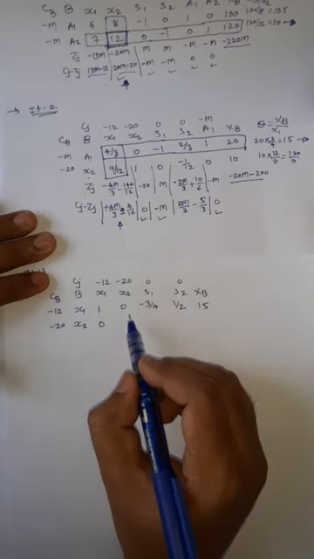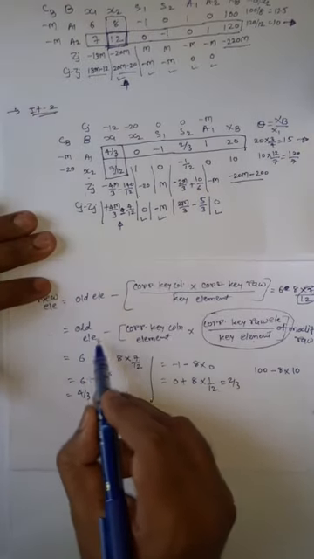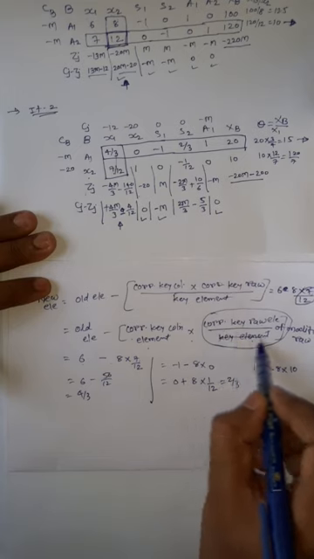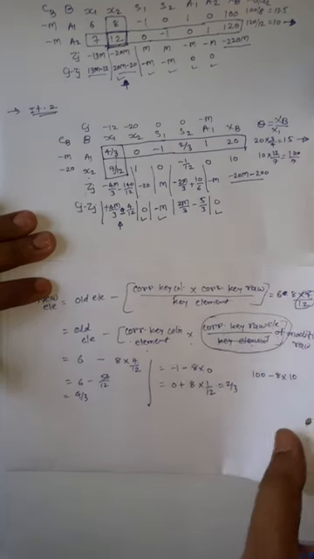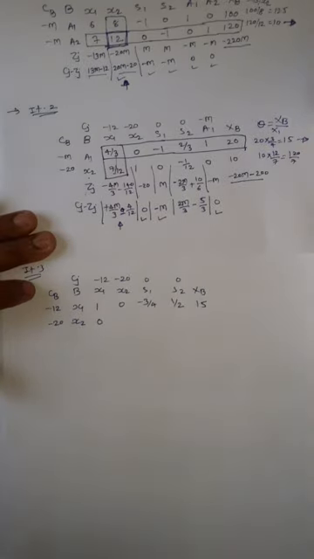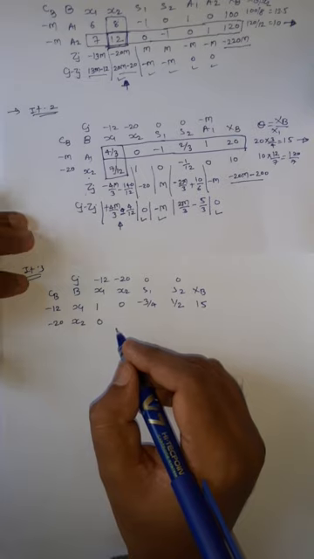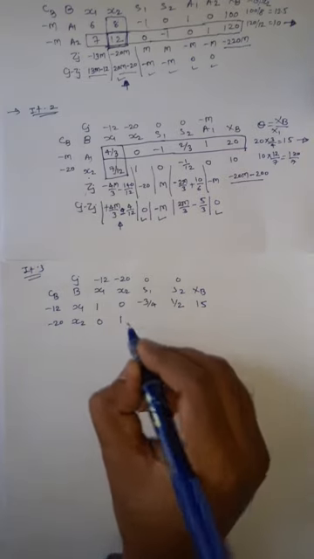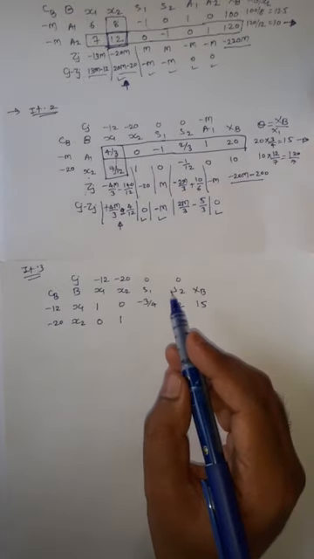Now for the remaining elements, we will use the equation which we have already used: new element equals old element minus corresponding key column element multiplied by corresponding key row element of the modified row. If we calculate all the elements this way, we get here the value 1, because 1 minus 0 and everything else will be 0.